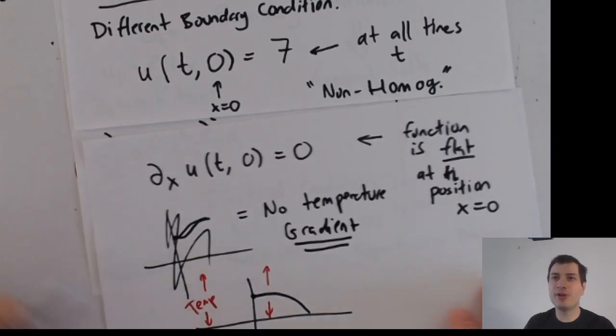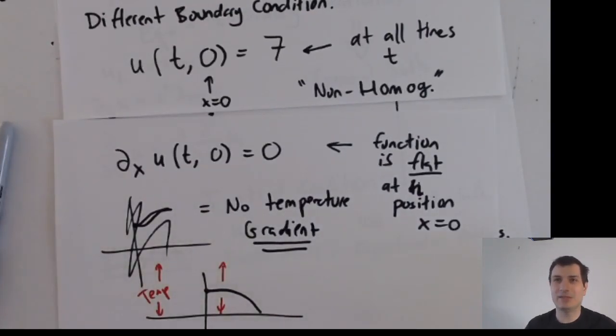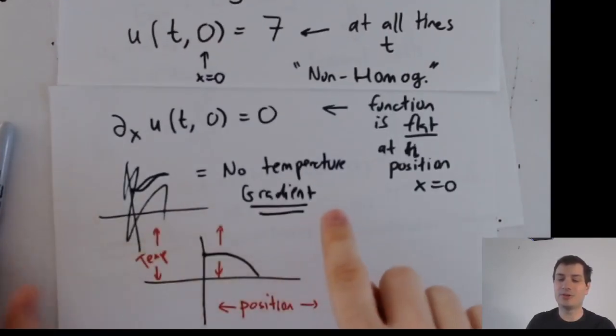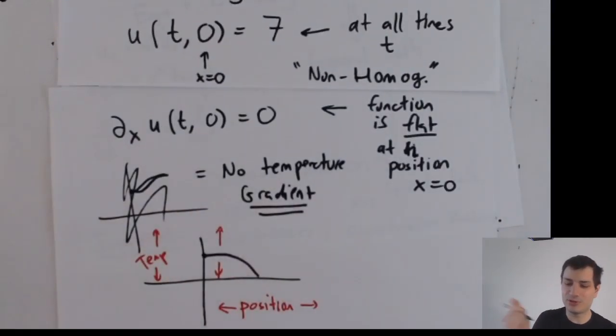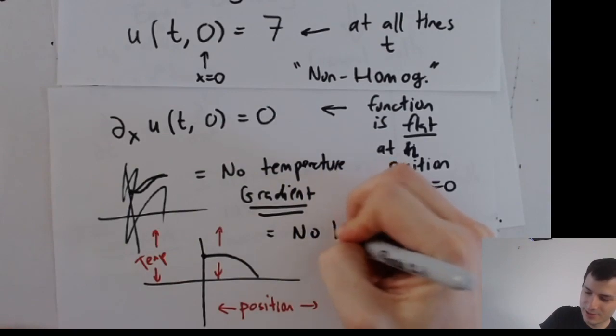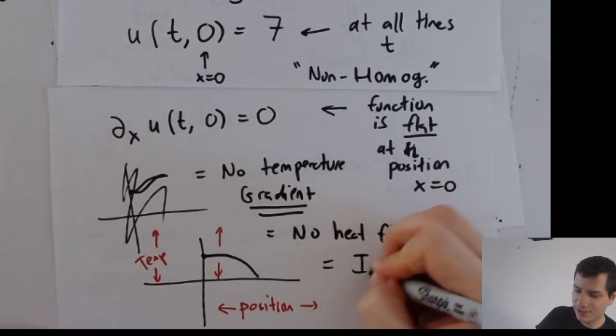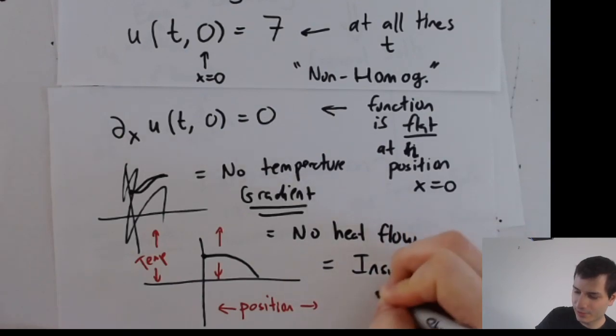When there's no temperature gradient, the physics of heat mean that heat flows from where it's hot to where it's not. So if there's no temperature gradient, there is no heat flow. Because of physics, no temperature gradient is the same as no heat flow. And this is what happens if you have an insulated end.